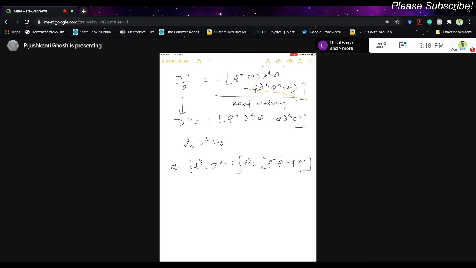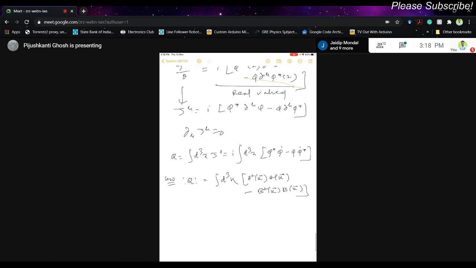If you do this, again as homework, you can show that the normal ordered charge operator has this form, the integral d3k of a_k dagger a_k minus b_k dagger b_k. Okay, clear?